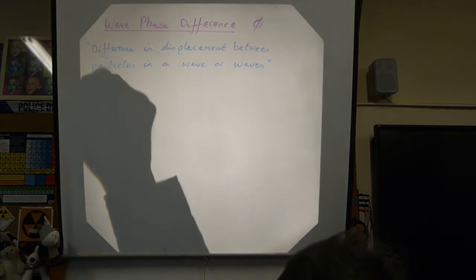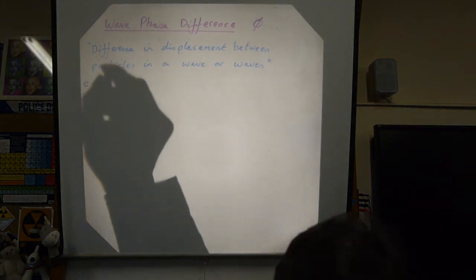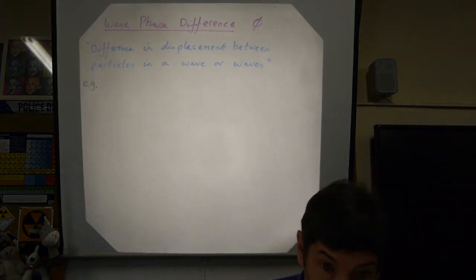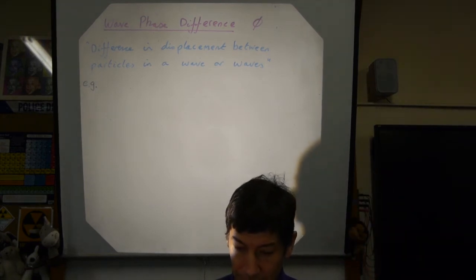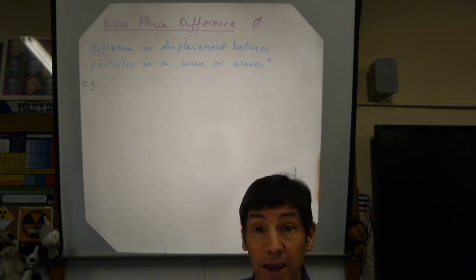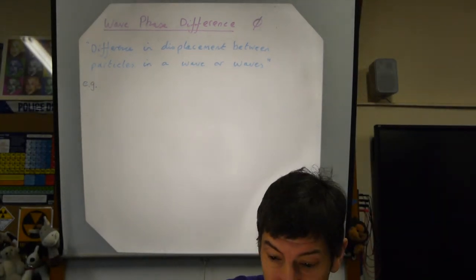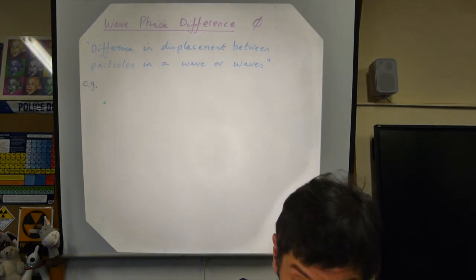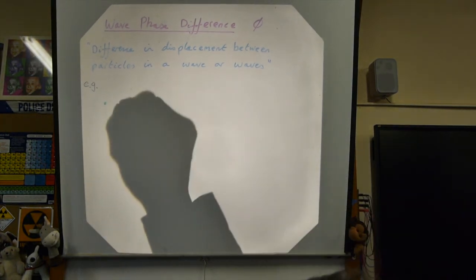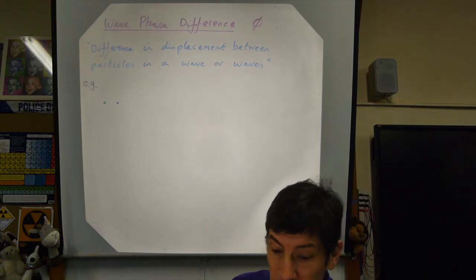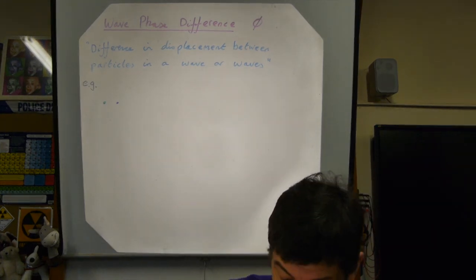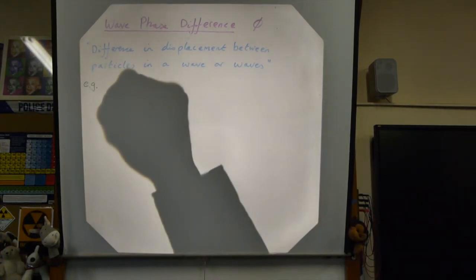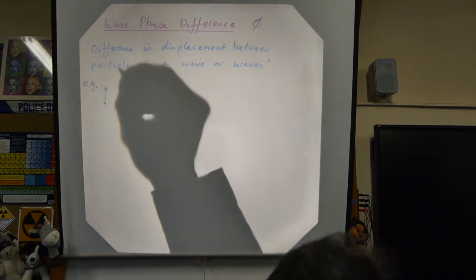So let me draw that as a sort of example. So here we go, e.g. Okay, imagine two particles. Now, it might be handy if you imagine these as being in different waves. Okay, so here's a particle in one wave, and here's a particle in a different wave. And you watch those two particles, and you notice that this one is just about to get going upwards.